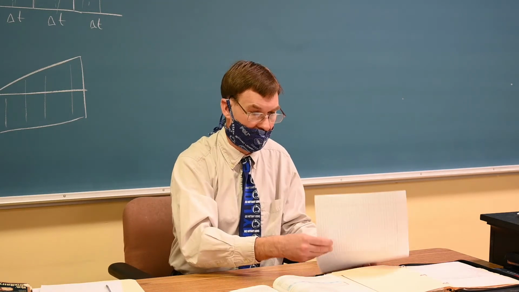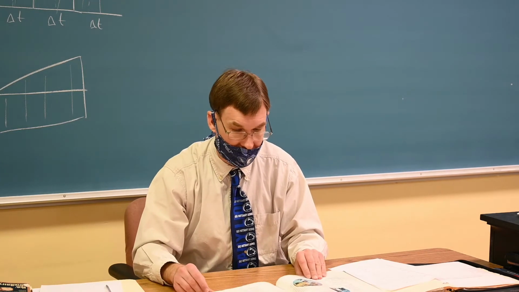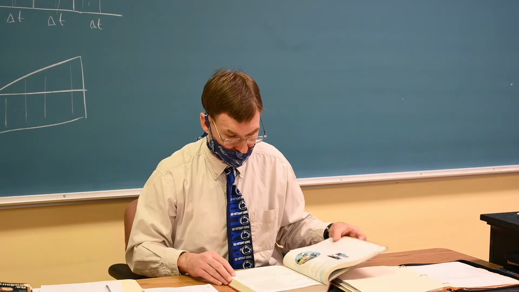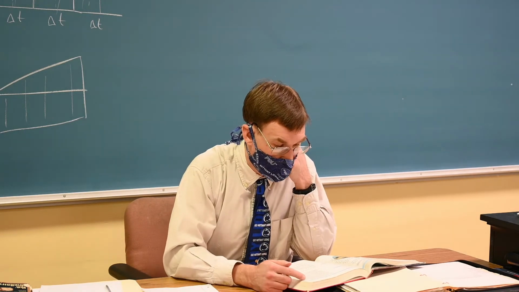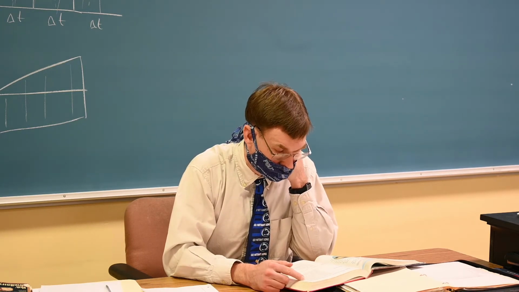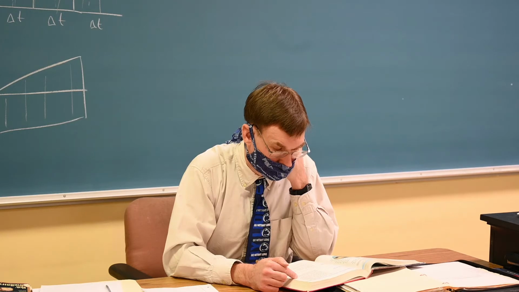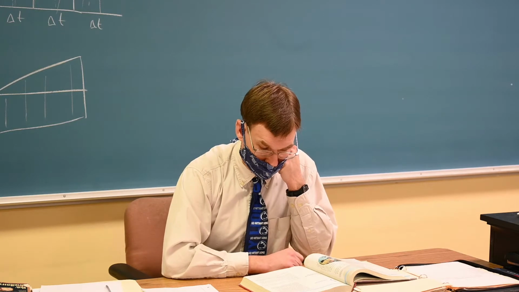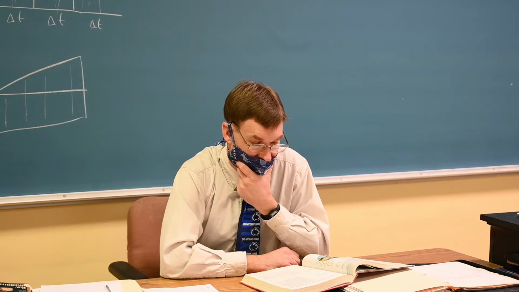So then for some reason I'm looking at the top of page 271. So I guess if you have a book, head to the top of page 271. I'm just reading the thing before the chapter starts.